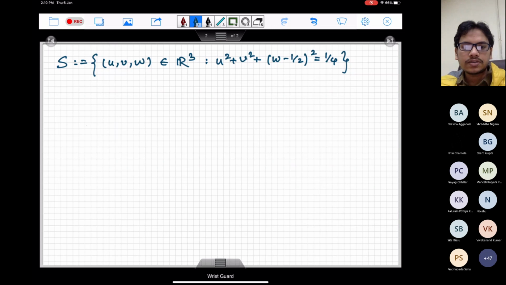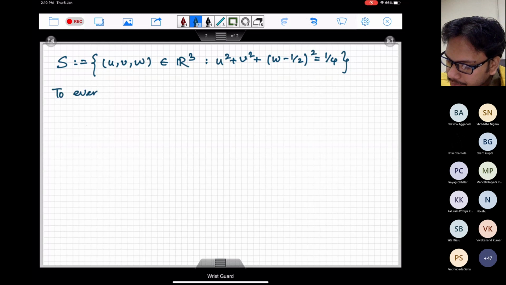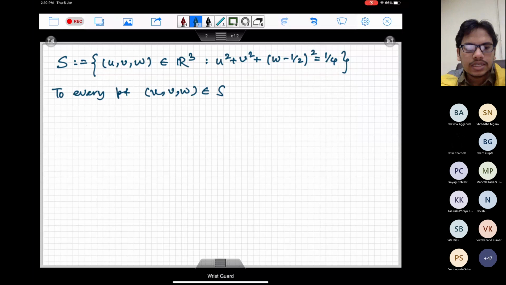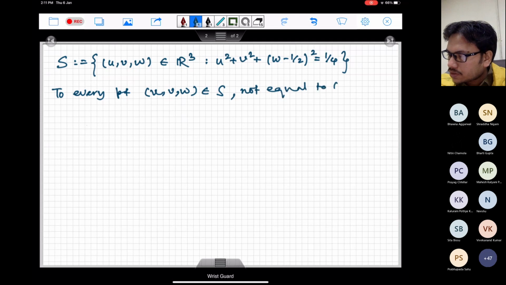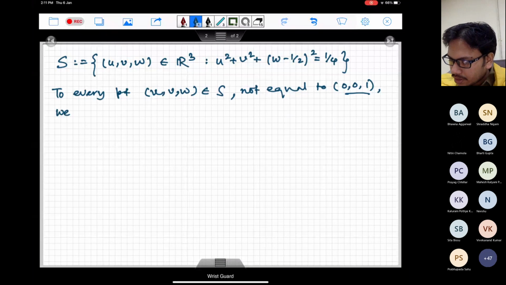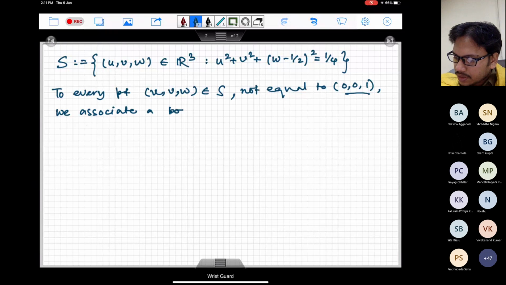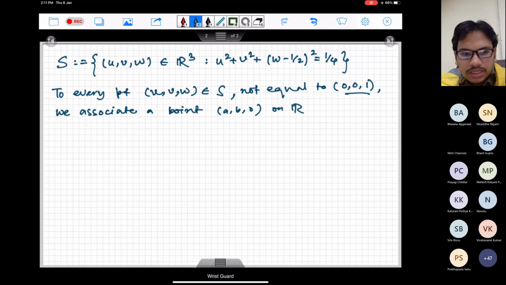And now let us try to give the prescription. To every point (u, v, w) on S not equal to (0, 0, 1), so I am going to avoid this point, we associate a point (a, b, 0) in R3.